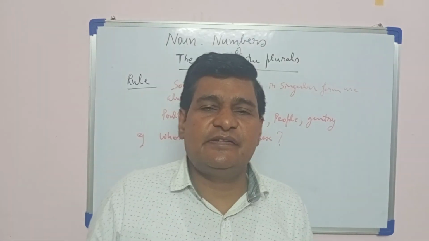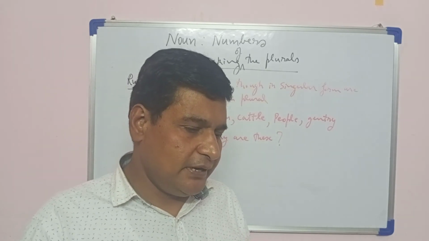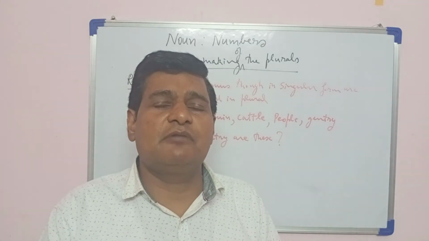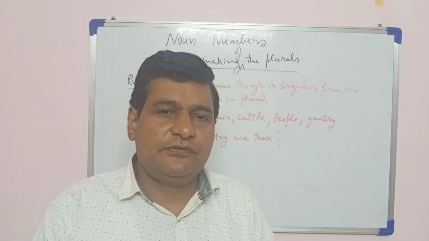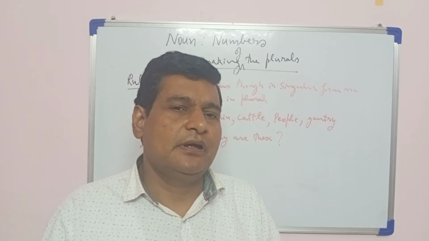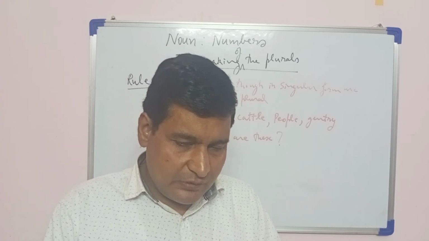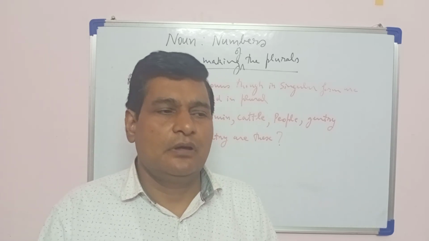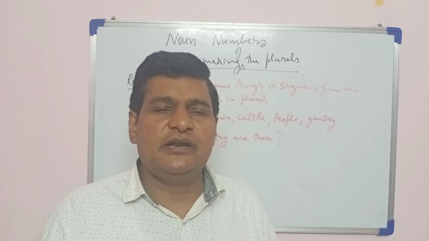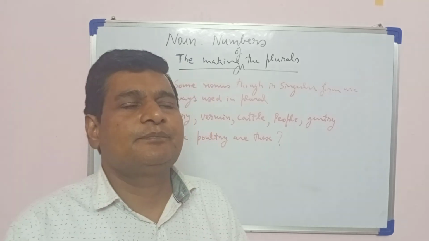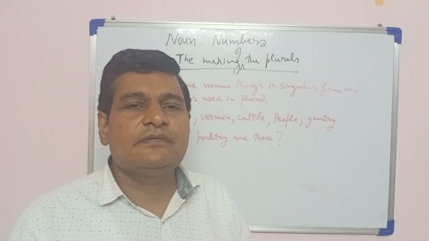Here you need to understand that people is used in both singular and plural form, and it has two meanings. People means person and people means nation. When it has singular form, then it means nation, and when it has plural form, then it means persons.